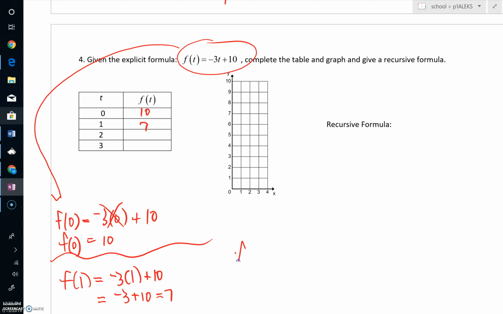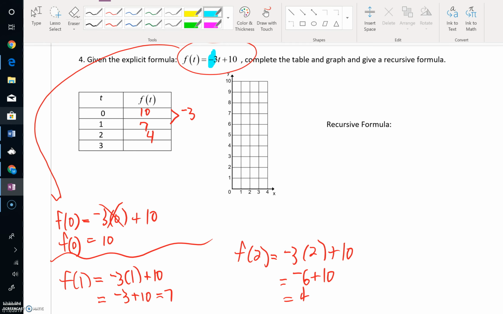And you could keep going. You could say, well, at f of 2, it's negative 3 times 2 plus 10, and that's negative 6 plus 10, and of course you'll get a 4. It doesn't take long, however, for kids to see, hey, I know the change. The change, by the way, the constant change, you're subtracting a 3, and by the way, that's your slope, isn't it?